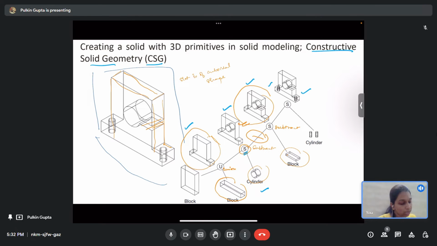Now you see there are two cylindrical holes on the side flanges. So you take two cylinders and again subtract them. Then you get your final geometry. So these are all the Boolean operations which are used to generate a complete solid from your primitive geometries.